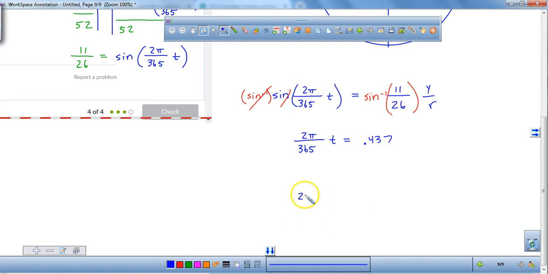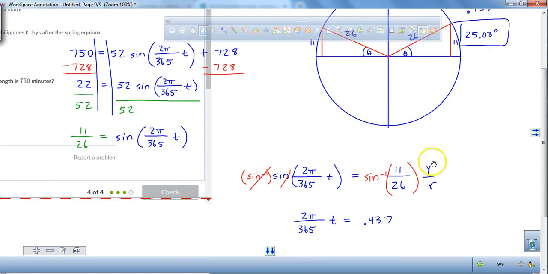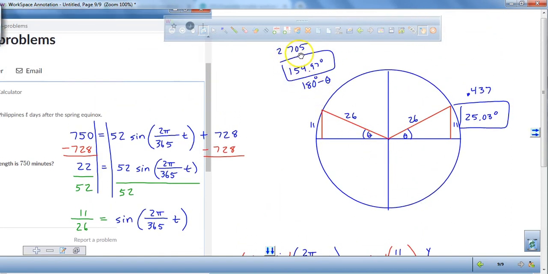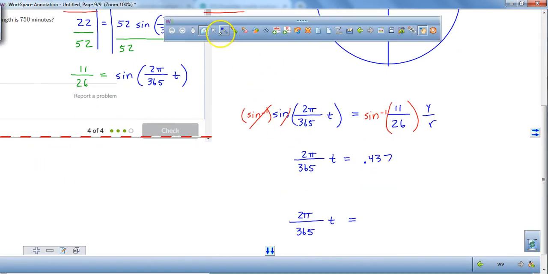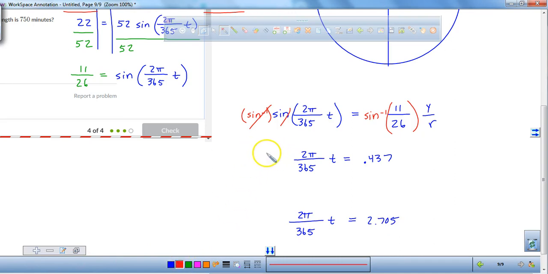Put 2 pi over 365 times t equals 2.705. So to finish solving these, all we have to do is multiply both sides by the reciprocal, which is 365 over 2 pi.